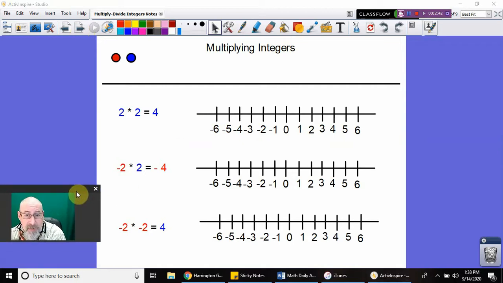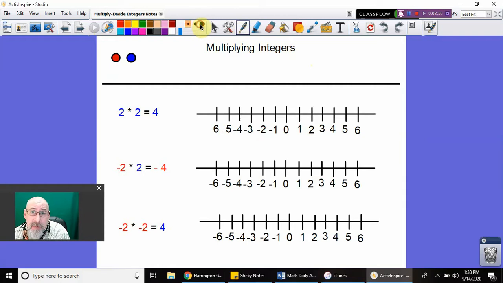So here we have some examples that I can demonstrate this. So 2 times 2 is equal to 4. We know that if we have multiplying, then that means that we're going to add the same thing multiple times. So here we have two places, and we're going to add that same value twice.